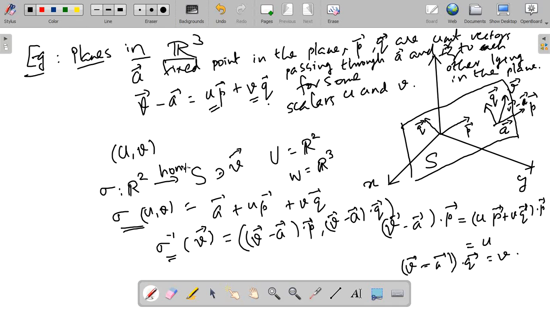So this plane is represented as R2. The open set U of R2 is R2 itself. This plane is identified as R2.